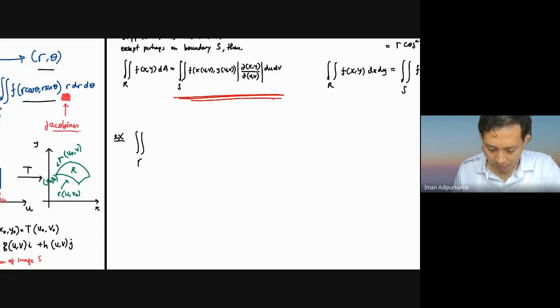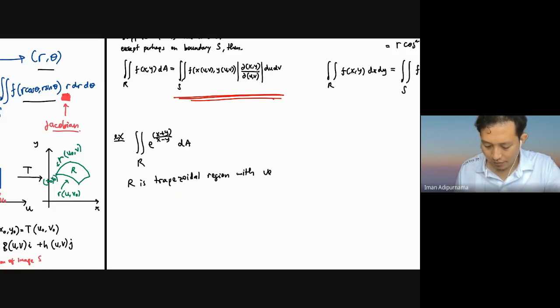We have the integral over R of (x plus y) divided by (x minus y) dA, and R is a trapezoidal region with vertices (1, 0), (2, 0), (0, negative 2), and (0, negative 1).